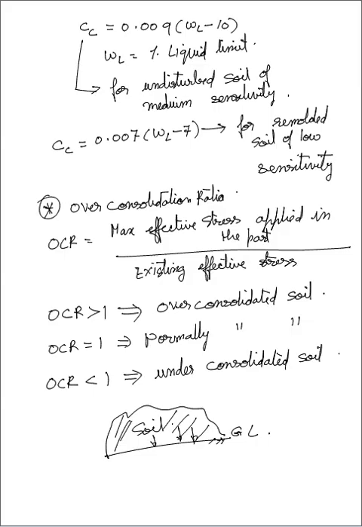This kind of thing might be there in the past, so that can be termed as the maximum effective stress applied in the past. But in the present, suppose this soil has been eroded, so this load has been removed. So these are the three conditions related to OCR, and we can conclude which type of condition is prevailing.